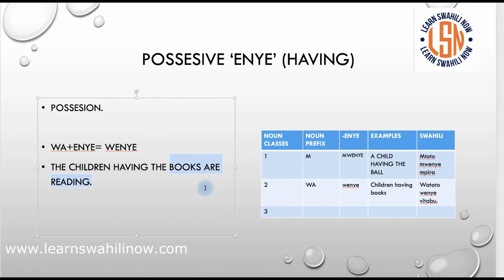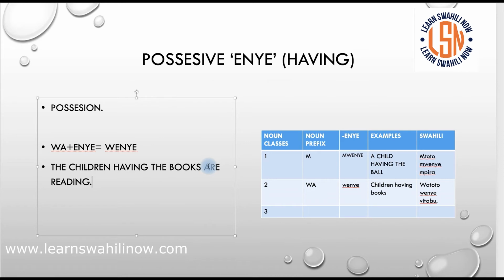As you might have noticed, these sentences that use enye cannot be complete by just saying the children having books. You're expecting a thought to complete that. It's reflexive in nature. So this enye gives you an idea that you're talking about a specific group of people or a specific thing. So the children having the books, complete the thought, are reading or are mine.